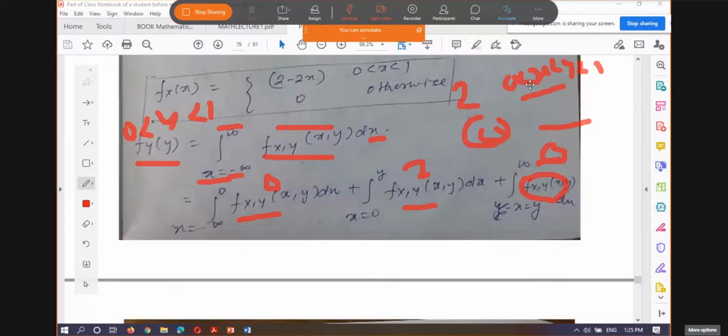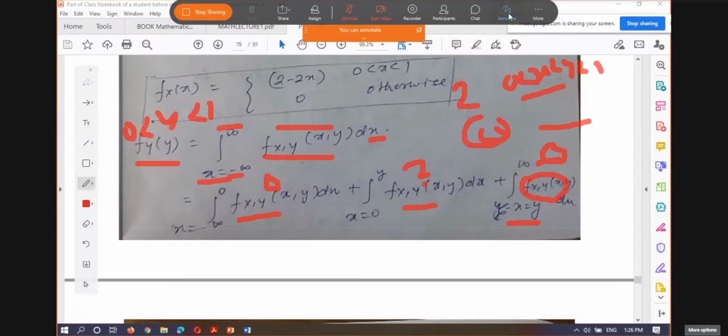Because here we have a condition that x should be greater than 0 and less than y, only then it is having the value 2. But with this limit of integration, x is taking values from y to infinity, which means x is taking value more than y, so it is 0.